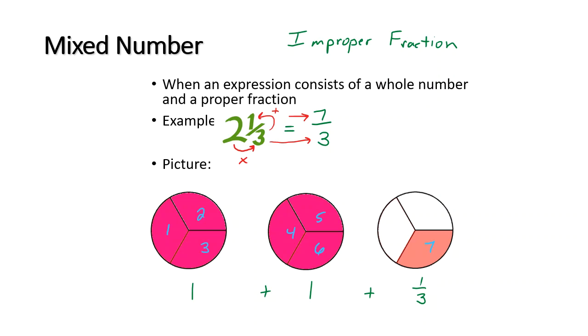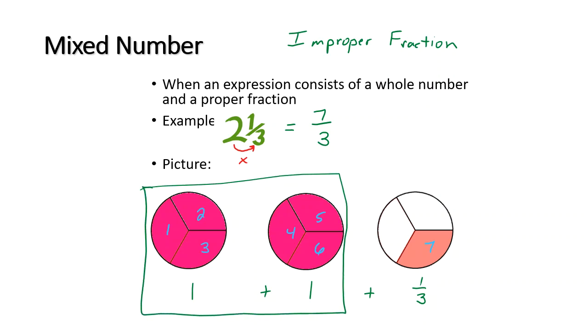Now that's a little trick and it works, but I really want you to see why that works and what's happening. So let's take a look at this 2 times 3 business here. When I take 2 times 3 and I get 6, what am I really counting there? Well, I'm counting the number of thirds in the whole number part.